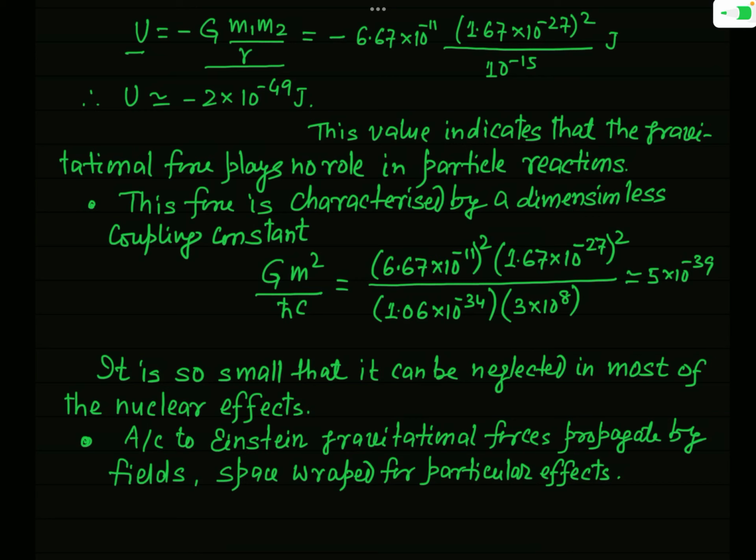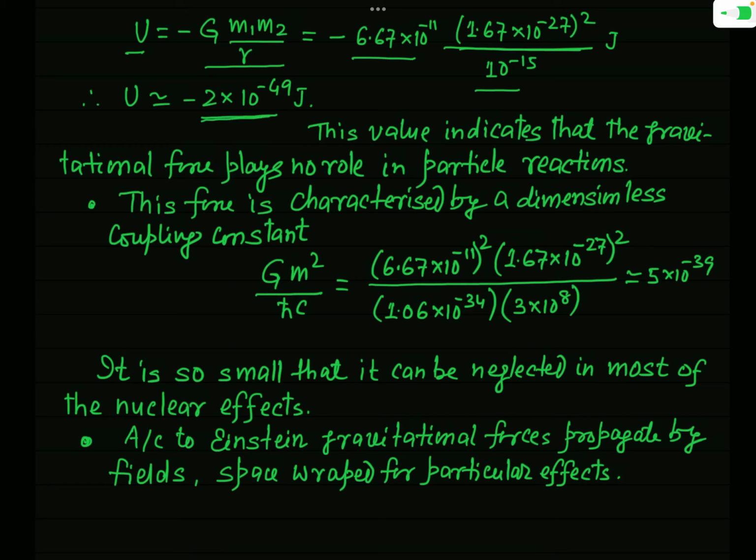Then let us substitute the values of these quantities. I have substituted here the value of G, the values of m1 and m2 are the same, and that is 1.67 into 10 to the power minus 27 kg, and r is 10 to the power minus 15 meter. So when you simplify it, you will see that this U will be minus 2 into 10 to the power minus 49 joule.